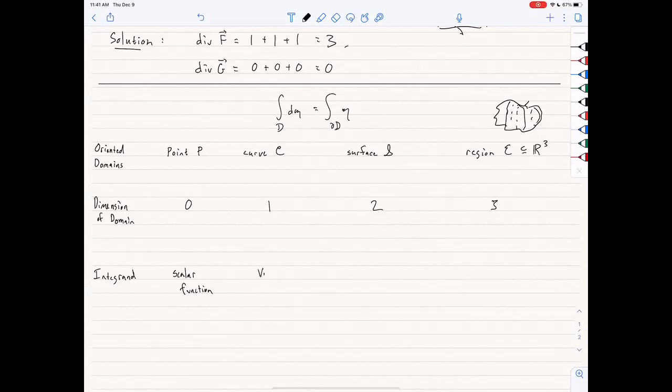So here we'll have a vector field. Here we'll have a vector field. And here we'll have, if we have a region in R3, way back when we were first discussing integration, we talked about how to integrate scalar functions in those regions. I know it's been a while, but we did talk about it, and we know how to do it, at least in principle. So we can integrate scalar functions over these.